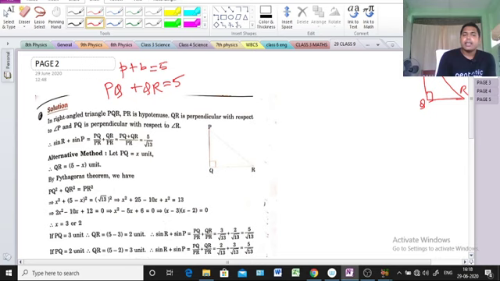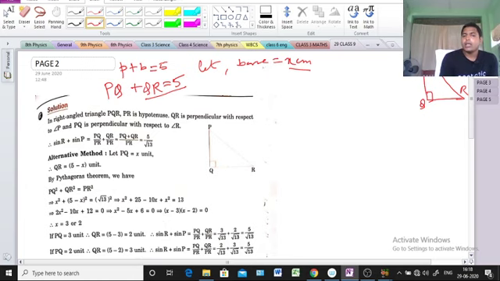Since the sum of two sides is given equal to 5, suppose we consider one side, let base equal to x centimeter. We don't know, no? Sum of two sides is given, but the particular one side we don't know. Clear?